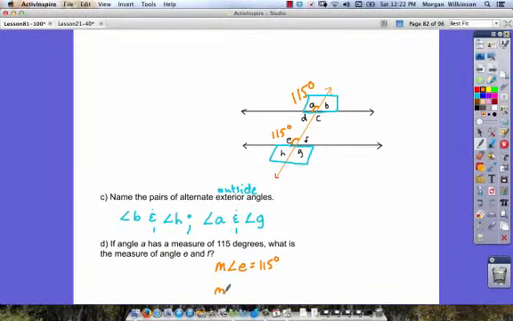And next we need the measure of angle F. Angle F is right next to angle E. The neat thing here is we've got a straight line with a transversal cutting it. We know a straight line measures 180 degrees.